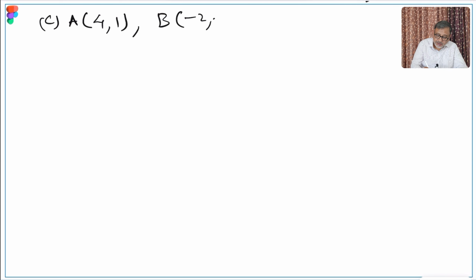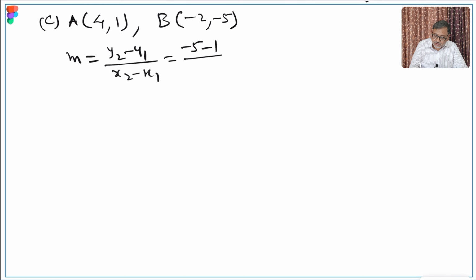So first we will find the gradient, m is equal to y2 minus y1 over x2 minus x1. Look here, this is the formula. y2 is minus 5 minus y1 is 1. x2 is minus 2 minus 4 is the x1. So minus 6 over minus 6, which will be 1. So the gradient is 1.